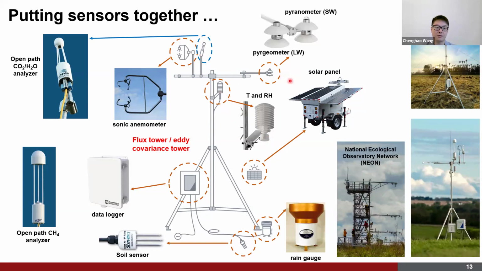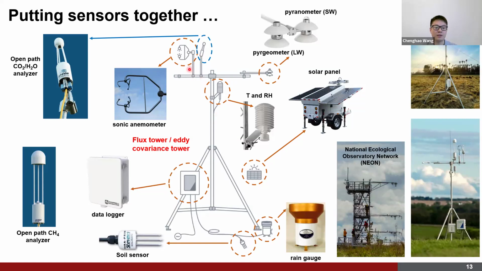We also have this radiometer to measure the radiation. We have this soil sensor and rain gauge at the bottom, but we also need a data logger so that we can temporarily store our data. And in the field, we often do not have a power outlet, so that's why we also need a solar panel to power up the entire system.